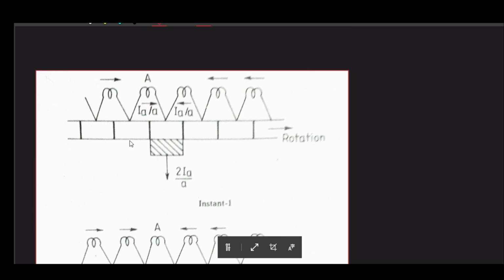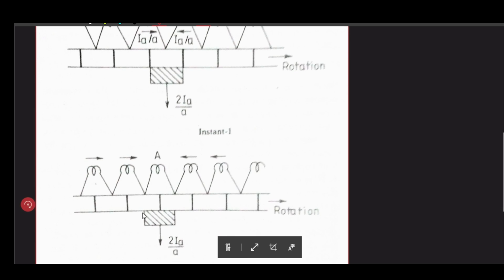When your brush position is here, half of the brush will be in touch with this segment of the commutator, and the other half of the brush will be in touch with this segment.